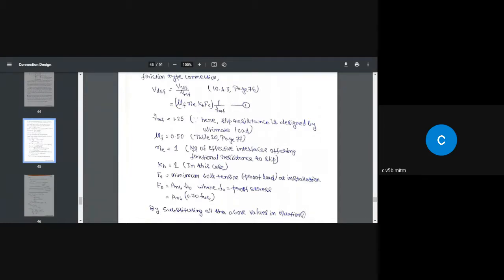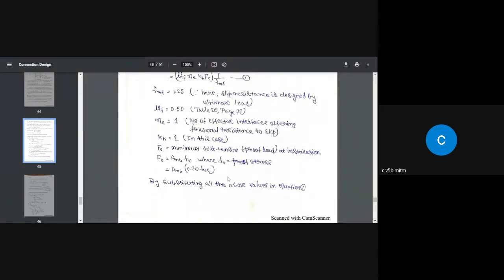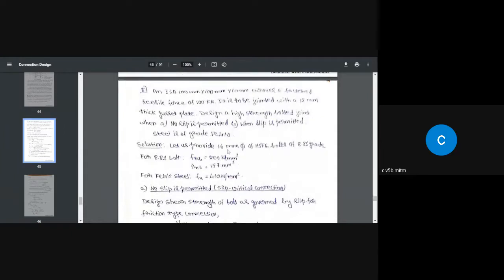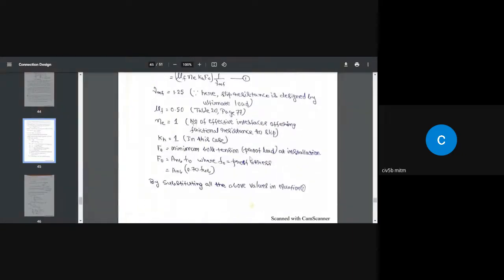So for FO, I have written 0.70 FUB. AnB is the area of cross section of the bolt at the threaded portion. Then what is FUB? FUB is the ultimate tensile strength of the bolt. So what is that value? For an HSFG bolt of grade 8.8, the FUB value is 800 Newton per millimeter square.